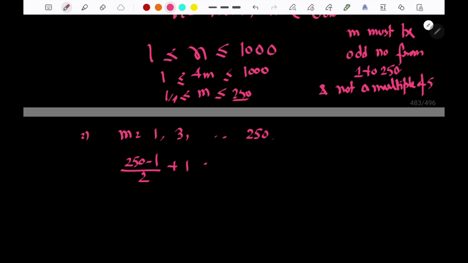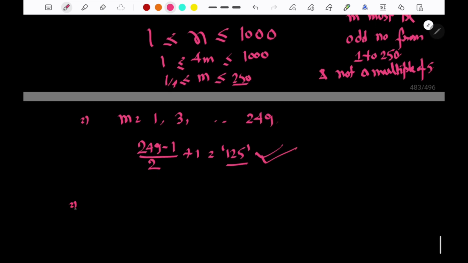The last odd number will of course be 249. So 249 minus 1 divided by 2 plus 1. Obviously it is 125. Super. Now if this is 125, we will talk of odd numbers not a multiple of 5.